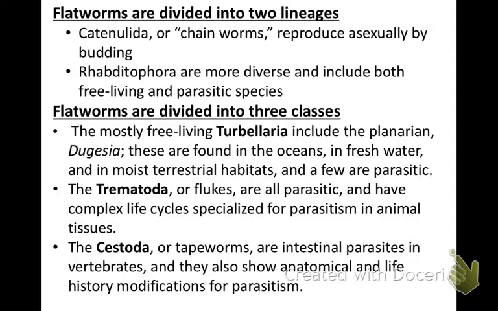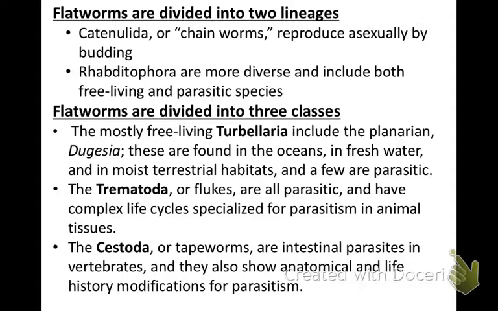The next phylum we looked at were the Platyhelminthes, or the flatworms for the common name, and they are divided into two lineages, the Catenulida, or chain worms, and they reproduce asexually by budding off segments of the anterior end. And then we have the Rhabdocoela, which have a number of both free-living and parasitic species. So the flatworms are divided into three classes.